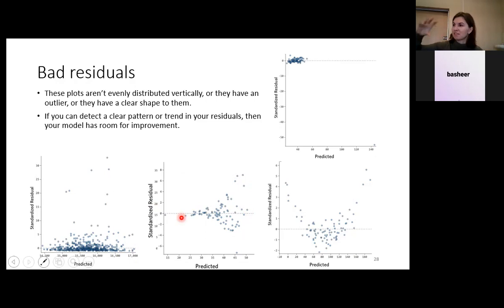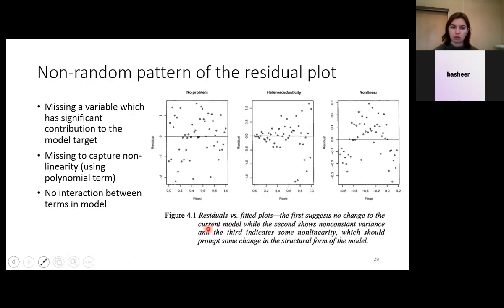When your variance varies along some axis, it means that you have unstable variance. That's bad. Your variance should be stable for all residuals here.